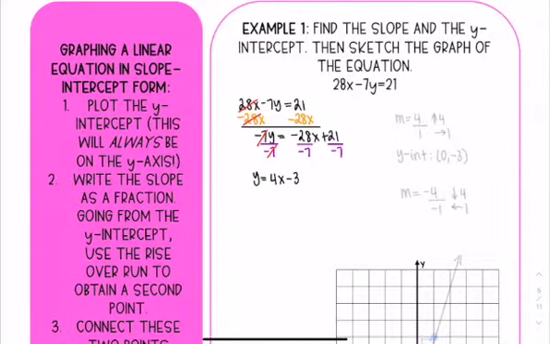And so my slope is 4, or we can write this as 4 over 1, and my y-intercept is the point 0, negative 3.